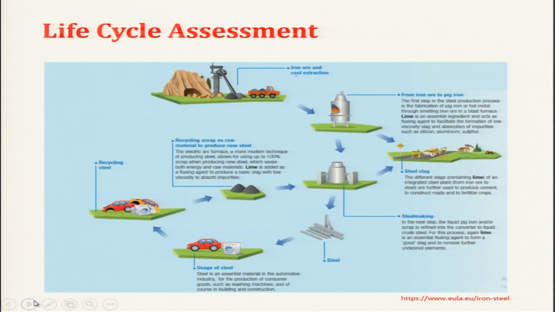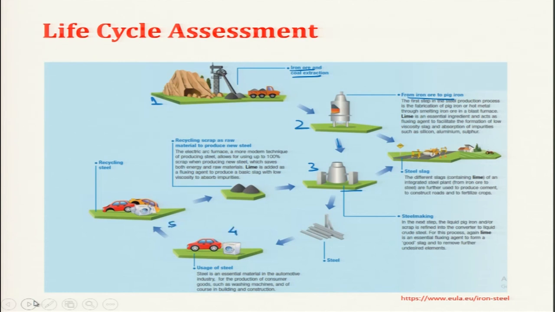This is actually extraction of the ore, which was the first step. From extraction of ore, first we get pig iron. This pig iron then helps to produce steel. We get steel in the third step. This is step 1, this is step 2, this is step 3. This is the product of step 3. This I can put as step 4, finally we get the product.